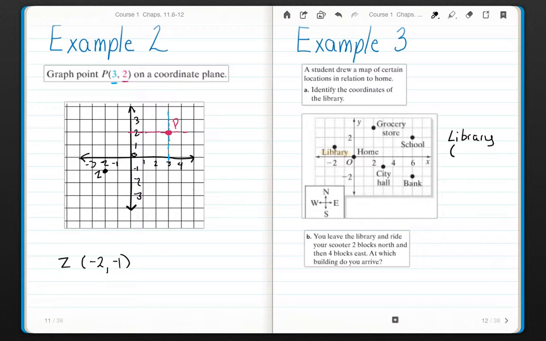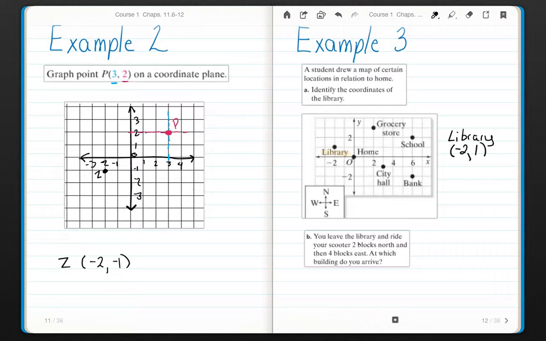I see it crosses the x-axis at -2, and then it crosses the y-axis at 1. And I know it crosses the y-axis at 1 because I see that it's counting by 2s, and it skipped this one, so this has to be 1. If this is 0 and this is 2, this has to be 1.